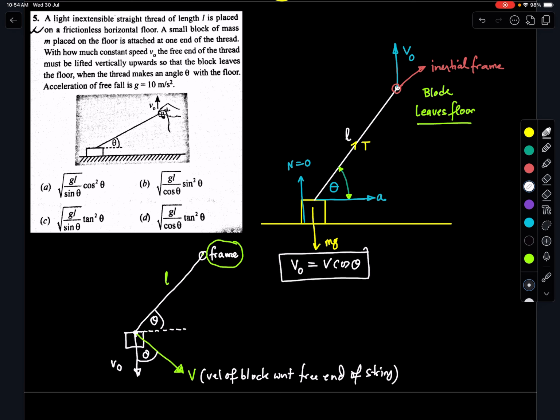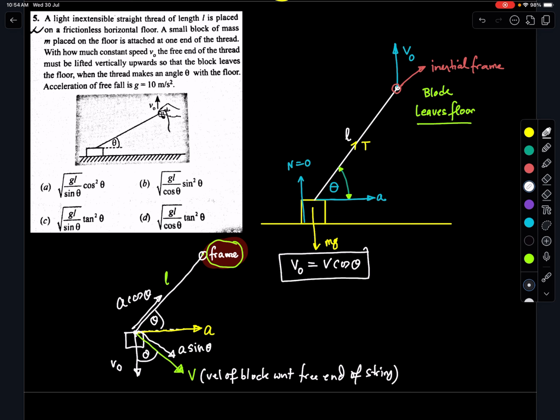Okay, now the absolute acceleration of the block is this way. Even with respect to this inertial frame of reference the acceleration is a. So the acceleration has components a cos theta and a sin theta.